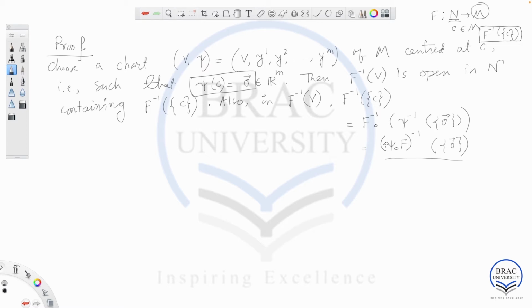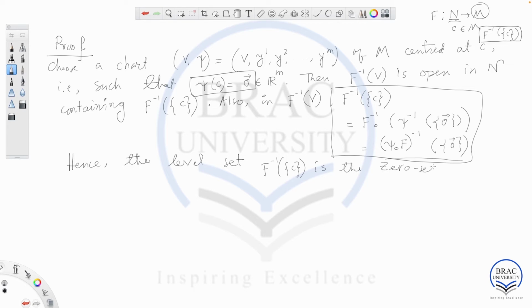Hence, from this we see that the level set f inverse of c of level c is the zero set of psi composed with f.